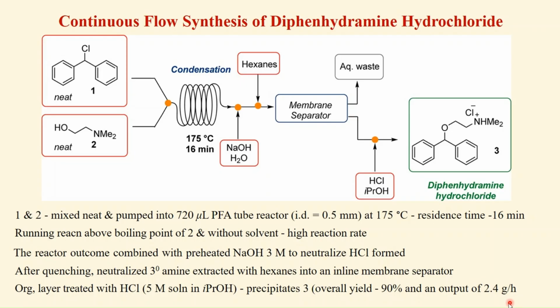The beauty is the reaction mixture is fed into a PFA tube of 720 microliter capacity. It is fed slowly into this very small volume reactor, and as it has a very small diameter and small volume passes through it, the efficient synthesis occurs in a very small time, which enhances the reaction rate.